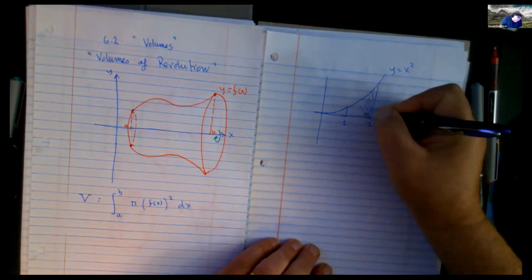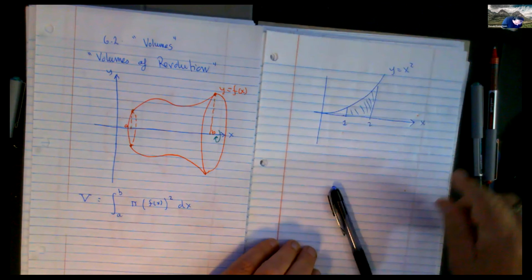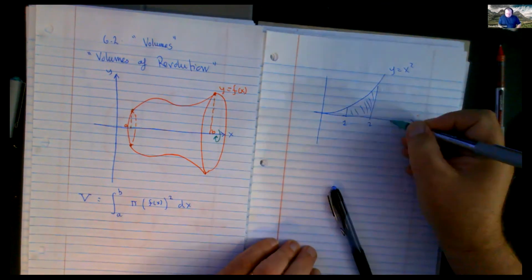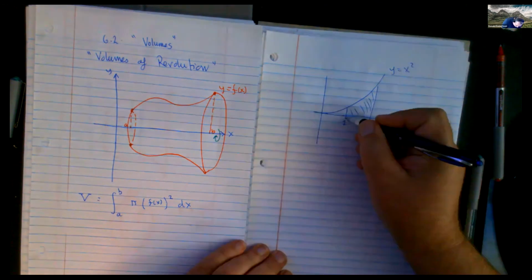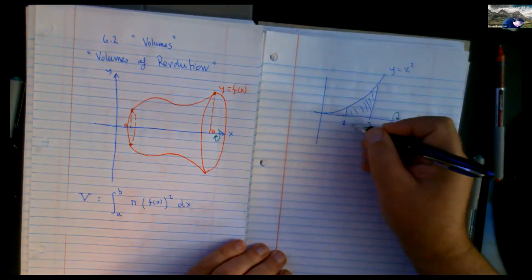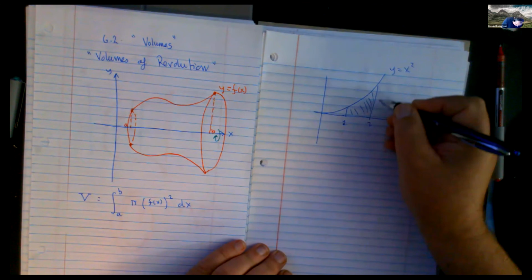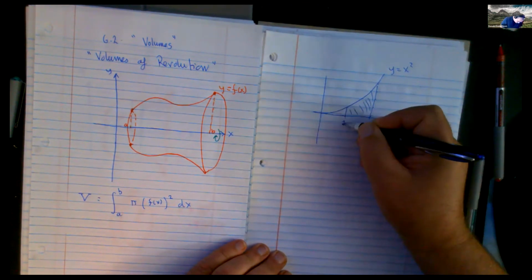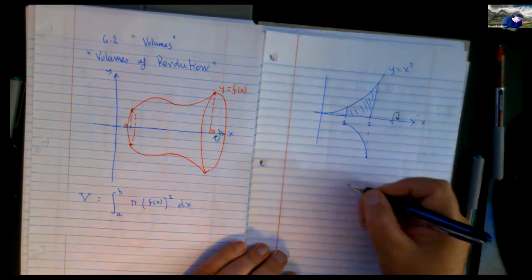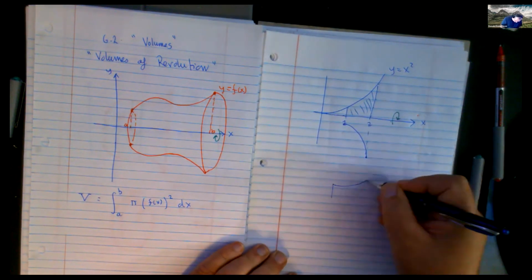So can you imagine I rotated that shape about the x-axis? So what would that look like? 1, go here, 1, 2, 3, here. So it would look something like this.